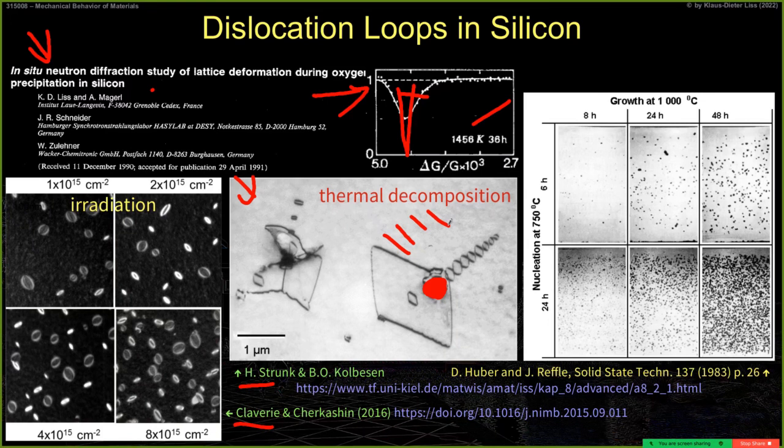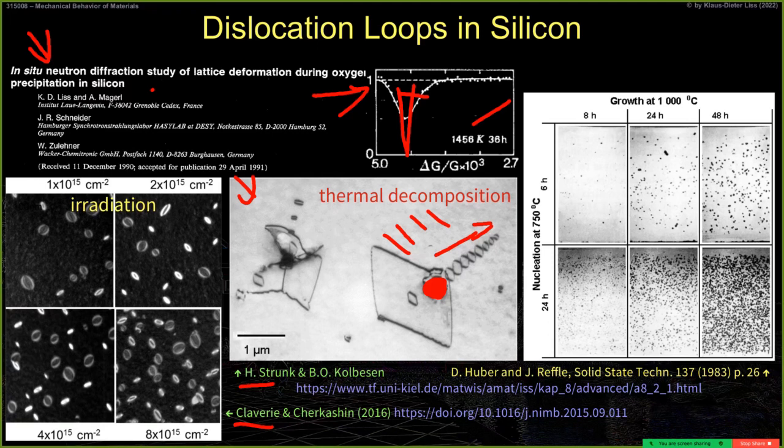And these shear stresses, they relax plastically by pushing dislocations into the system. So the stresses are above the yield limit and push dislocation loops into the system.